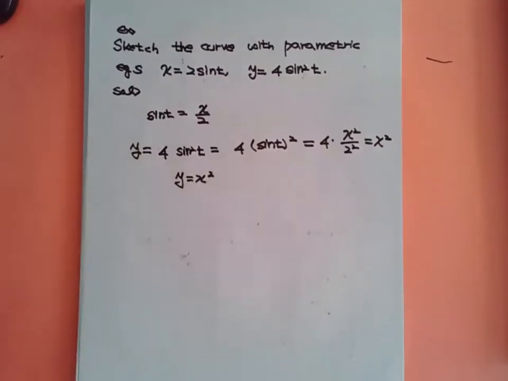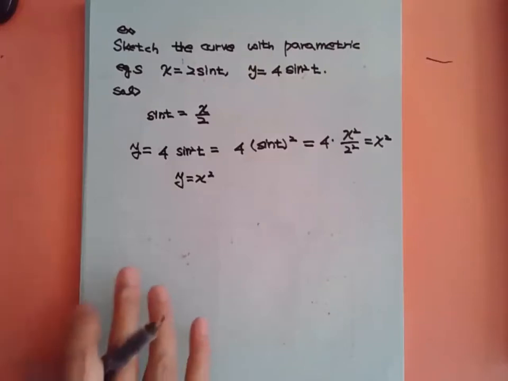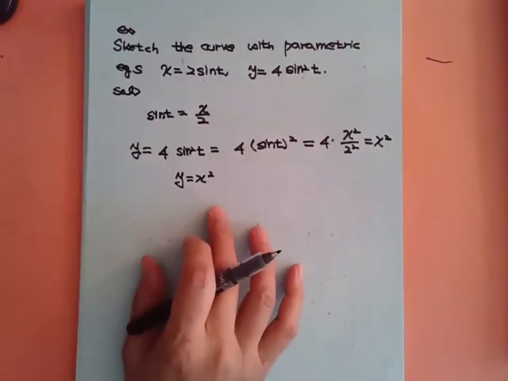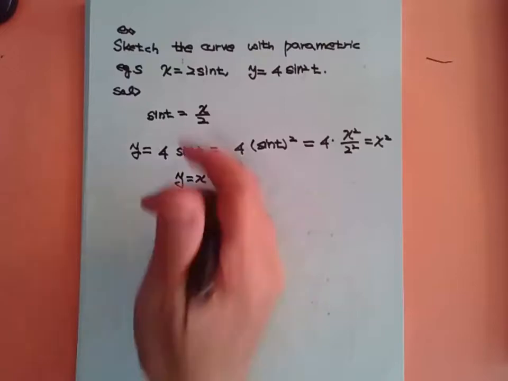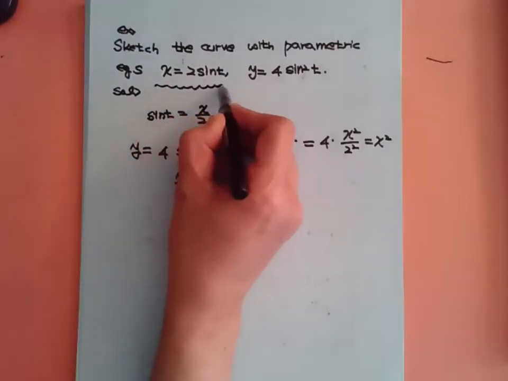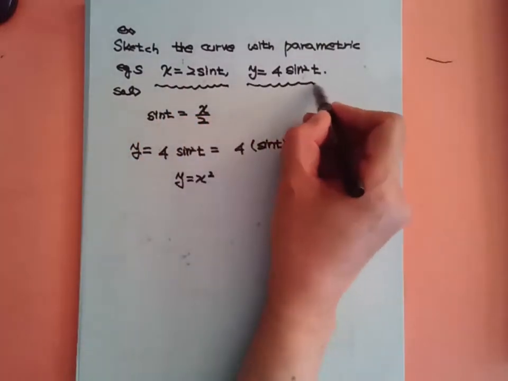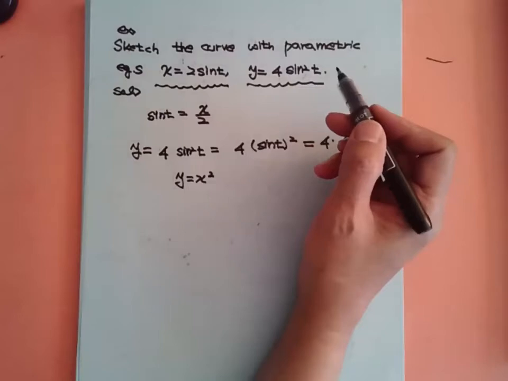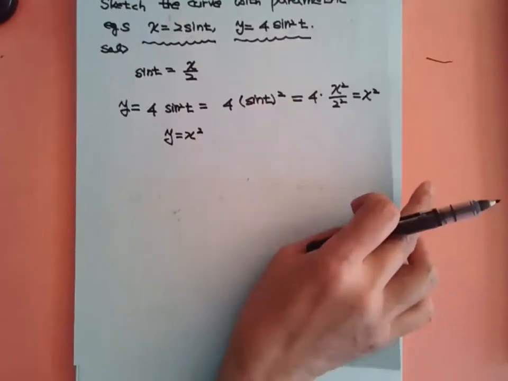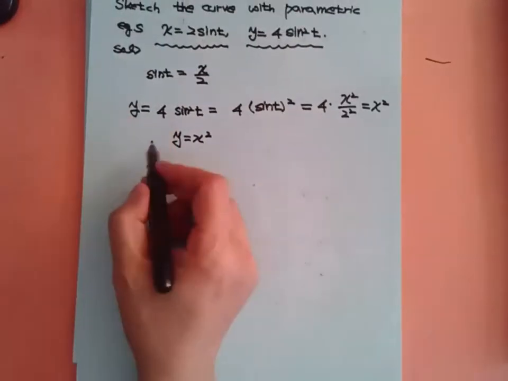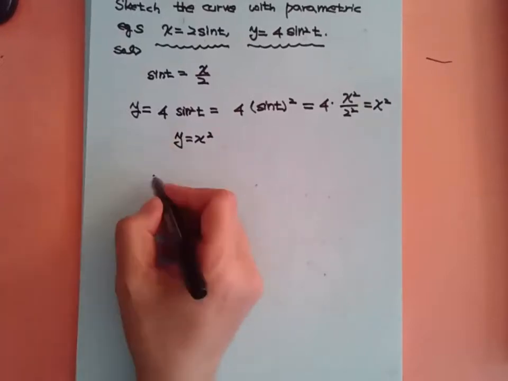However, what you have to be really careful about in this case is that this is not the entire graph of y equals x squared. Instead, it is only part of the graph. The reason is we are using the sine function, and we know that the sine function is bounded by -1 and 1.